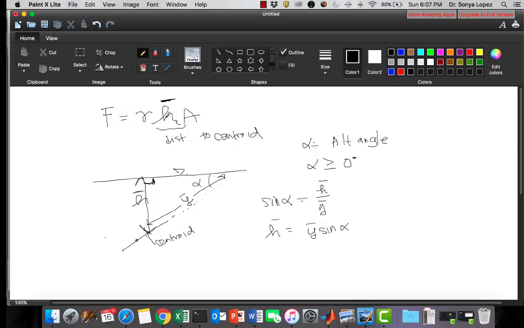We can plug that into this equation to get F equal to gamma y bar sine alpha multiplied by the cross-sectional area. This equation is the equation for the force acting, again, where? Not at the centroid, but at the center of pressure, which is located where?